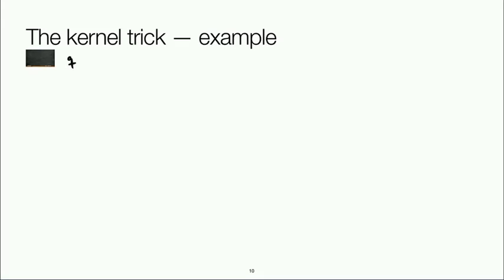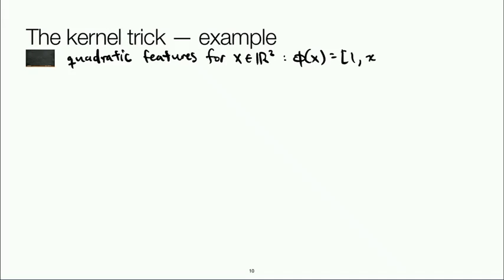So if I have quadratic features for something like the two-dimensional x that we saw before, just x1, x2, my phi of x looks something like, maybe we can put a 1 in front, and then the original features, and then all of these quadratic terms.